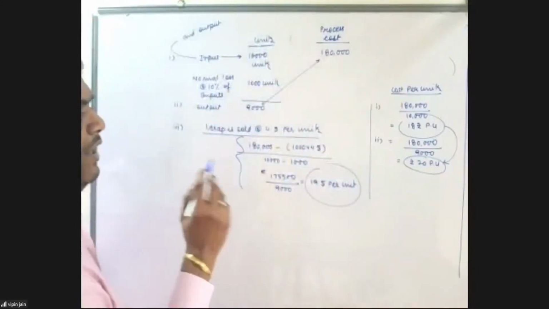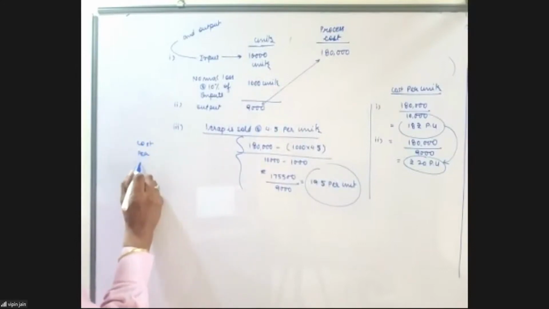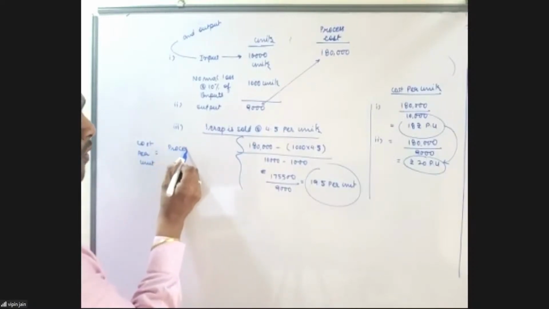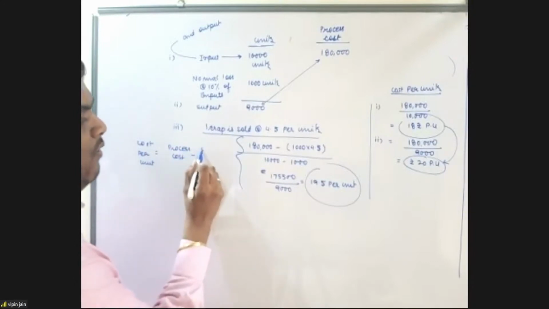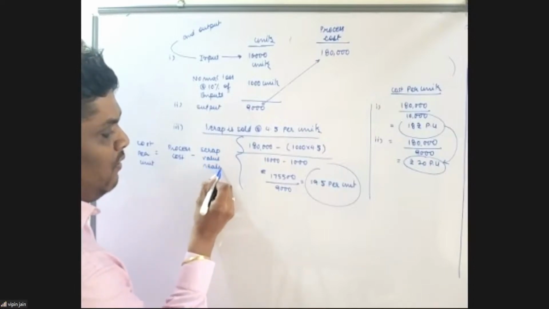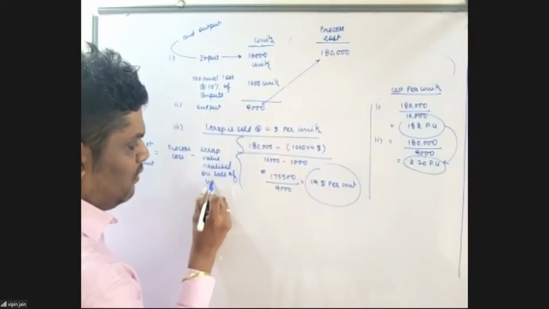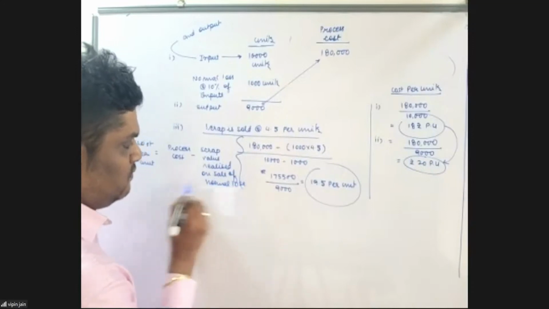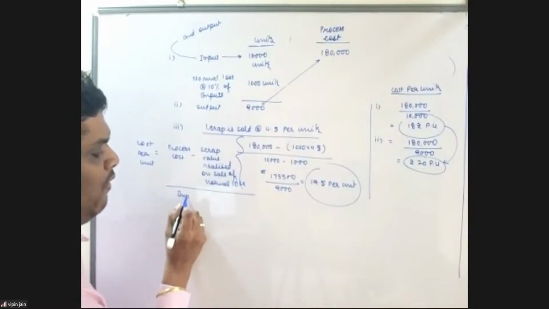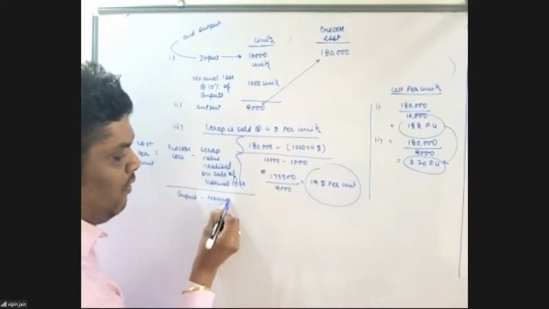So when talking about the formula, very simple, guys. When talking about the calculation of cost per unit, the formula is very simple. The process cost minus the scrap value realized on sale of normal loss, divided by inputs minus normal loss.